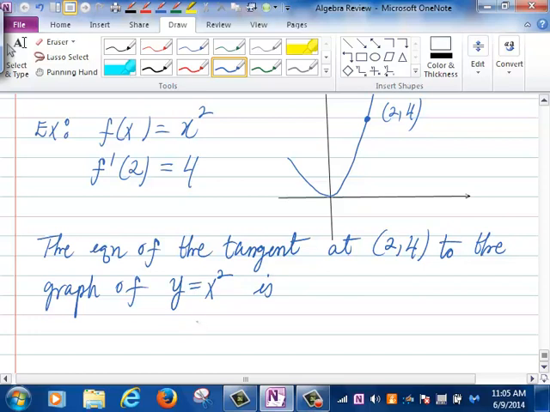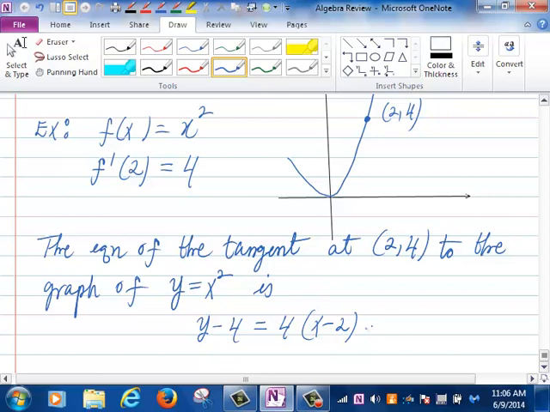Well, it is y minus 4 equals the slope, right? What is the slope here? 4 times x minus 2, right? Am I making sense?